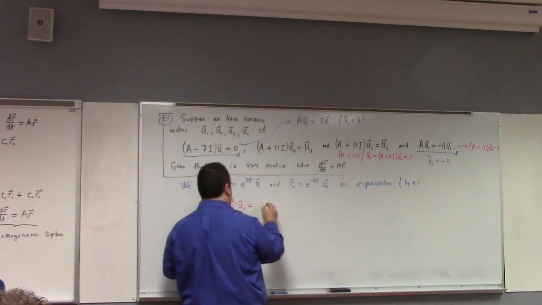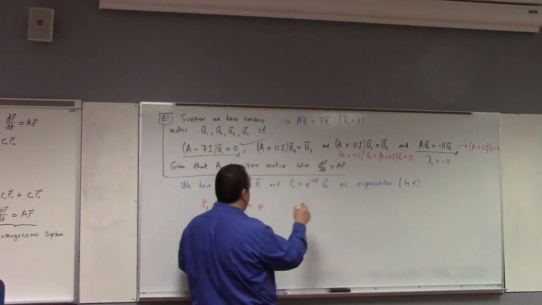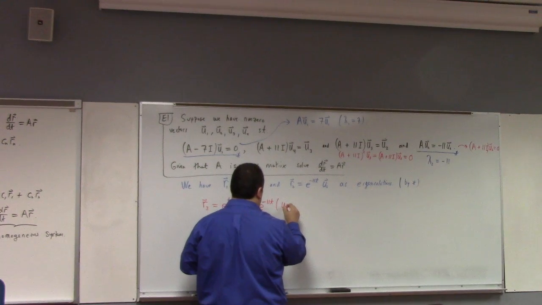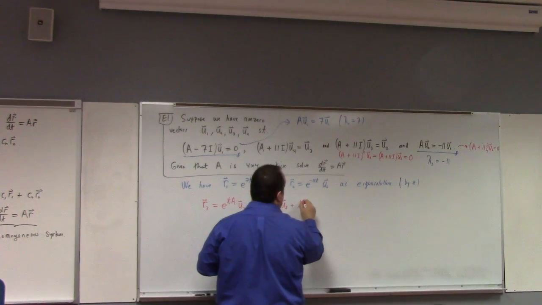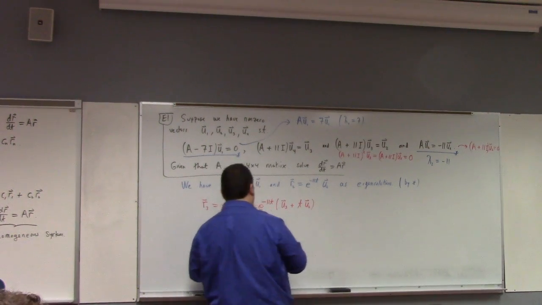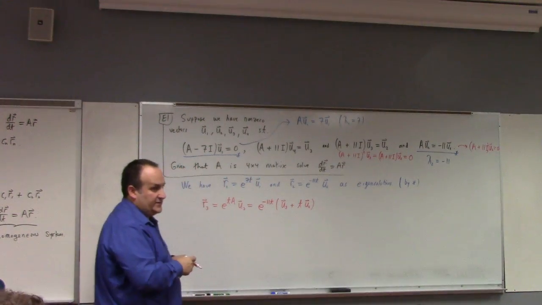Getting straight to the point, we're going to use eigenvalue minus 11. So I get e to the minus 11t times (u3 plus t u2). That is my generalized eigensolution.